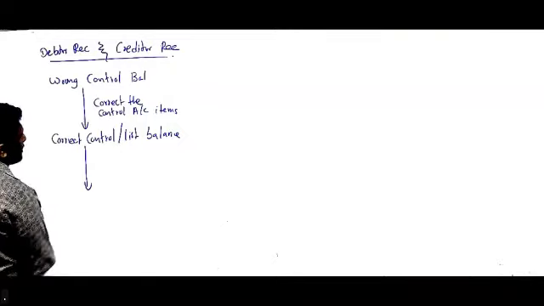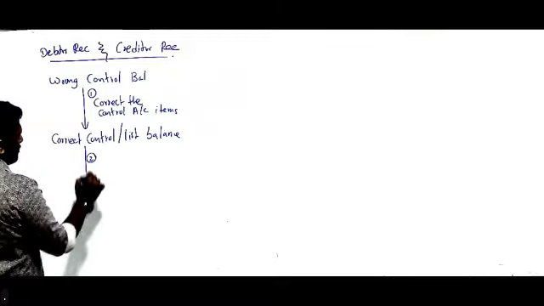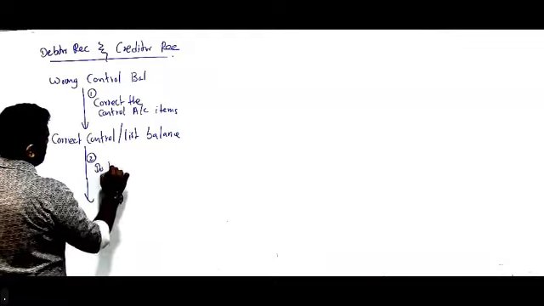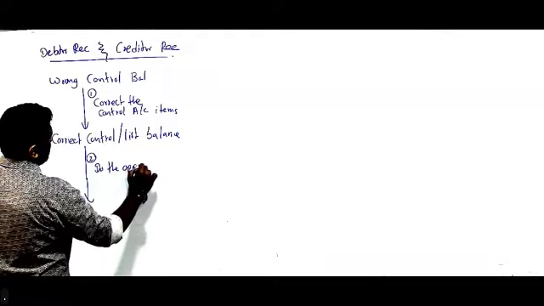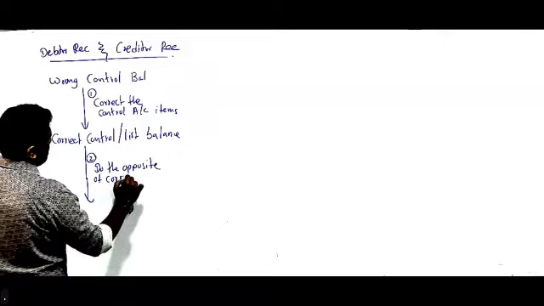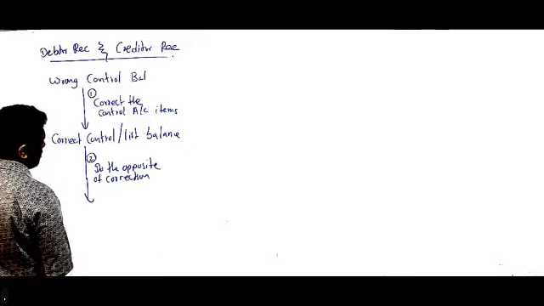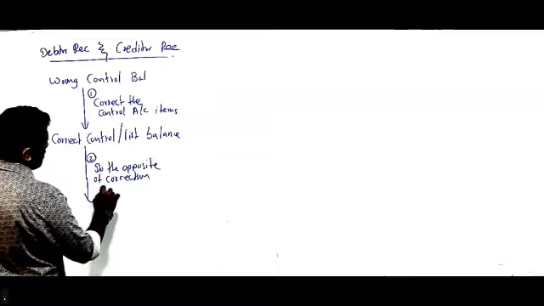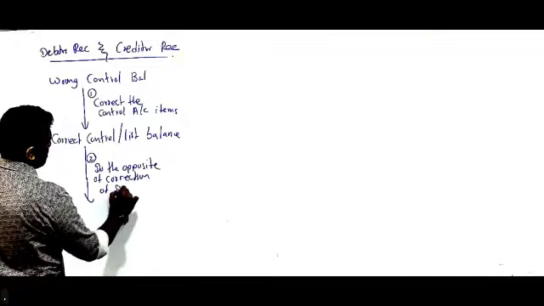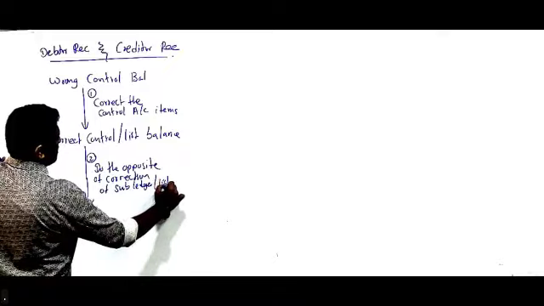After this, I ask you to do the second step. So this is step number 1. Second step, do the opposite of correction of the list items of subsidiary ledger or list items.